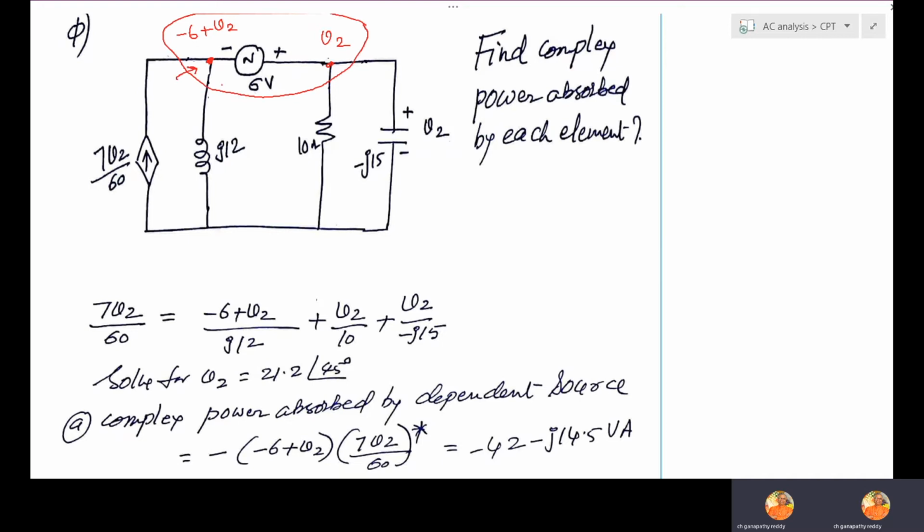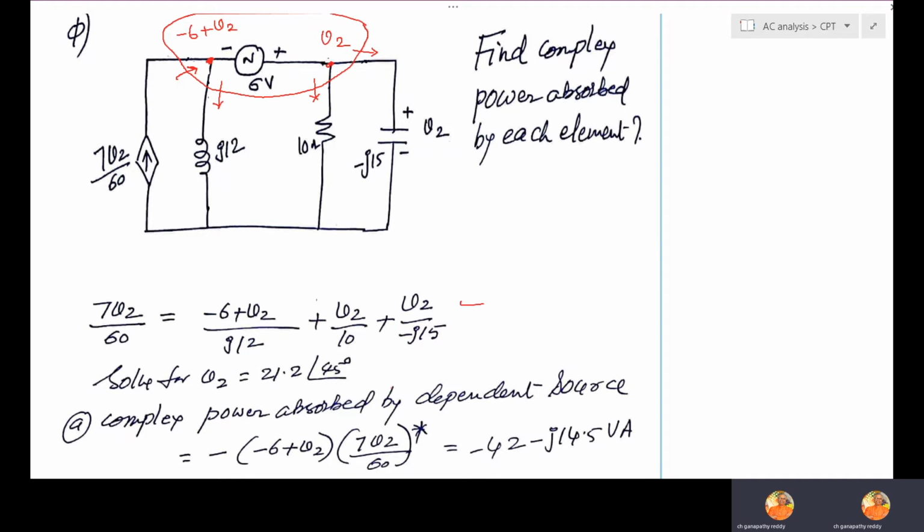Assuming this current entering, this current leaving, this current leaving, this current leaving: 7V2 by 60 equals -6 plus V2 by J12 plus V2 by 10 plus V2 by -J15.